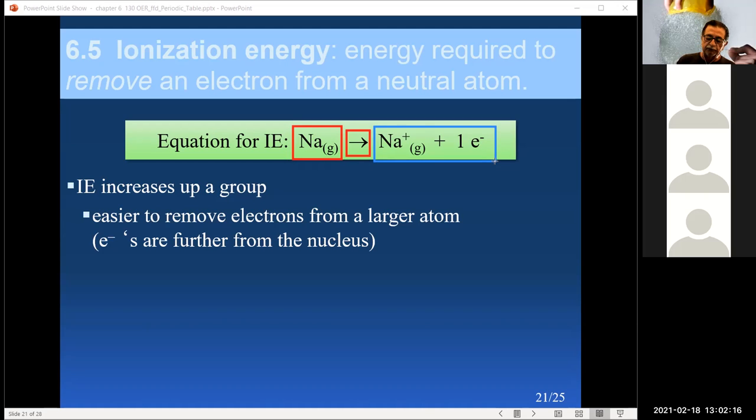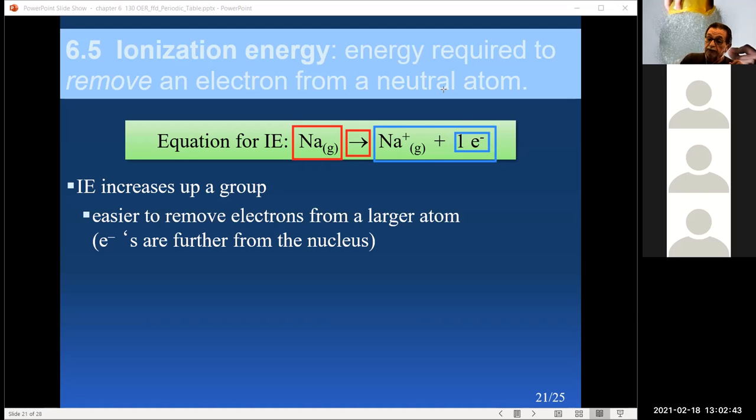Now, in this particular process, we are taking sodium element, the atom, and we are measuring the amount of energy it takes to remove one electron. That is called the ionization energy, the amount of energy necessary to remove an electron from a neutral atom.